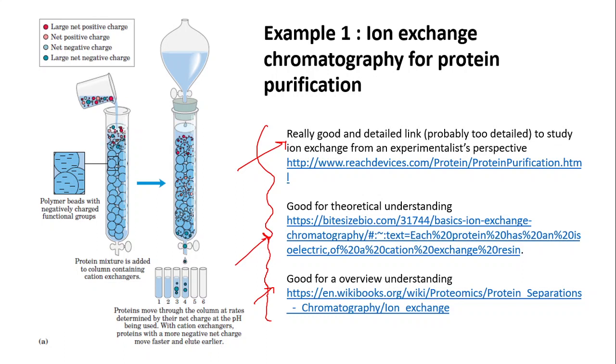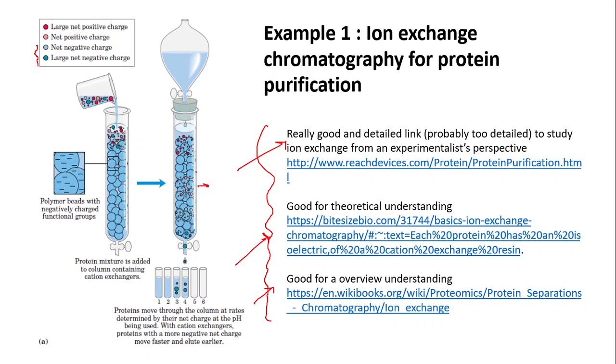Once you put them in, the two that have negative charge will be repelled by the groups and will quickly come out and be collected as eluent. They will not interact with the functional polymer beads, but your positively charged proteins will get stuck because of the ionic or electrostatic interaction.